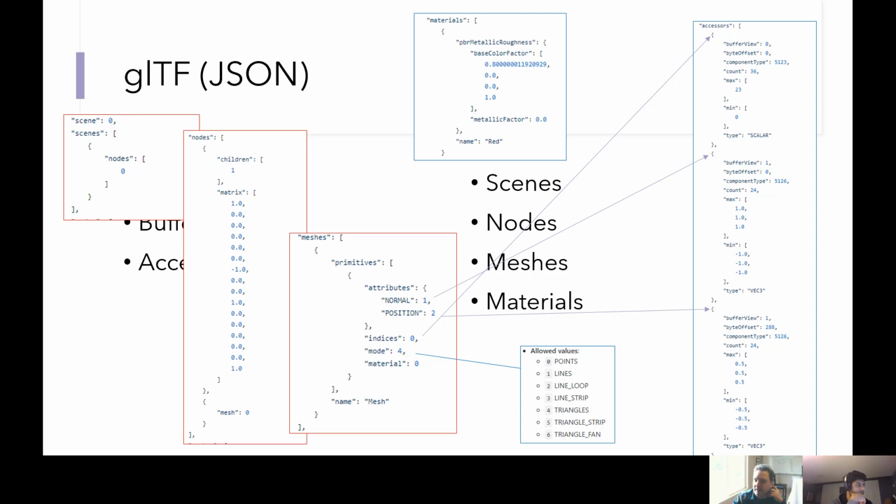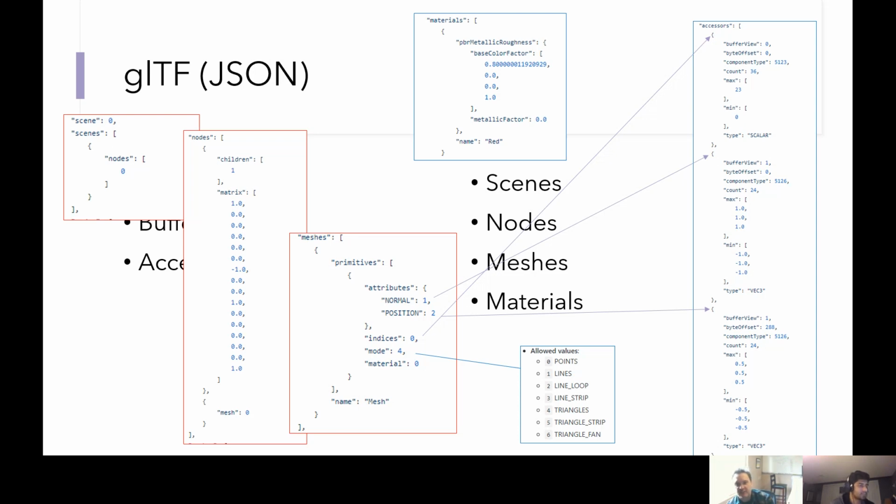That's a whole different topic of how you store the scale, rotation, and position in 16 digits, but it's stored as a 4x4 matrix. And then we reference mesh 0. So then you go into the mesh section to figure out what the mesh is all about.